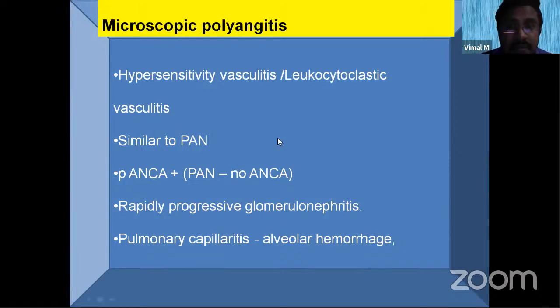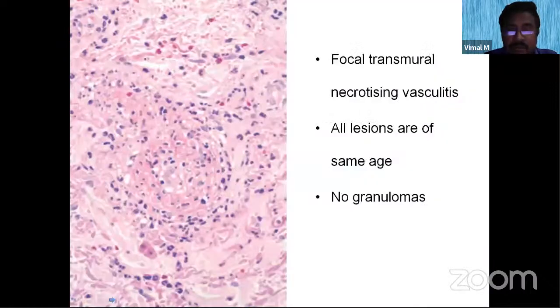In polyarteritis nodosa, there will not be any ANCA positivity, but in microscopic polyangiitis, there will be P ANCA positivity. And coming to the nature of the lesions, in polyarteritis nodosa, lesions may be of different ages, and in microscopic polyangiitis, all lesions are of the same age. There will not be any granulomas in microscopic polyangiitis.